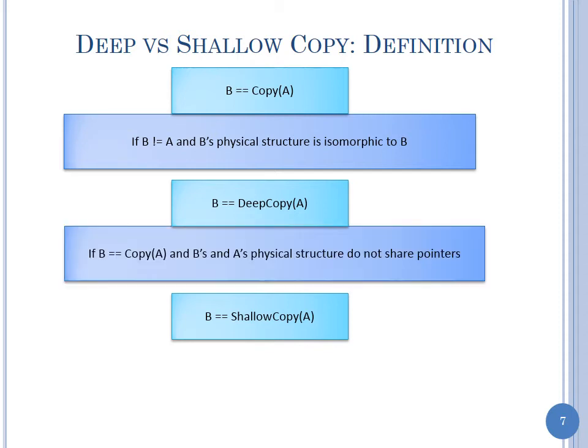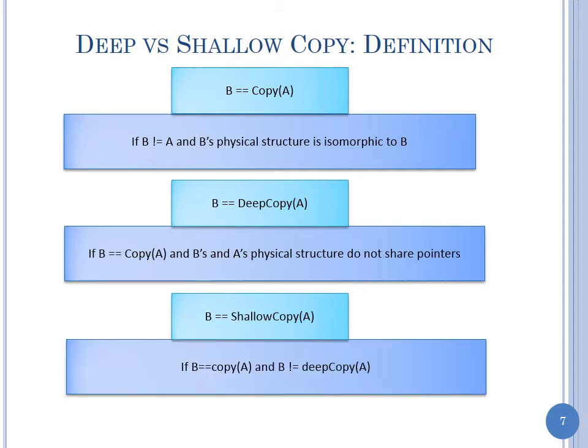Whereas in deep copy, they do not share pointers. And in terms of graph, shallow copy is, if it's not a deep copy, it's a shallow copy. Okay, it is a copy, but otherwise it's a shallow copy. Okay. Questions?